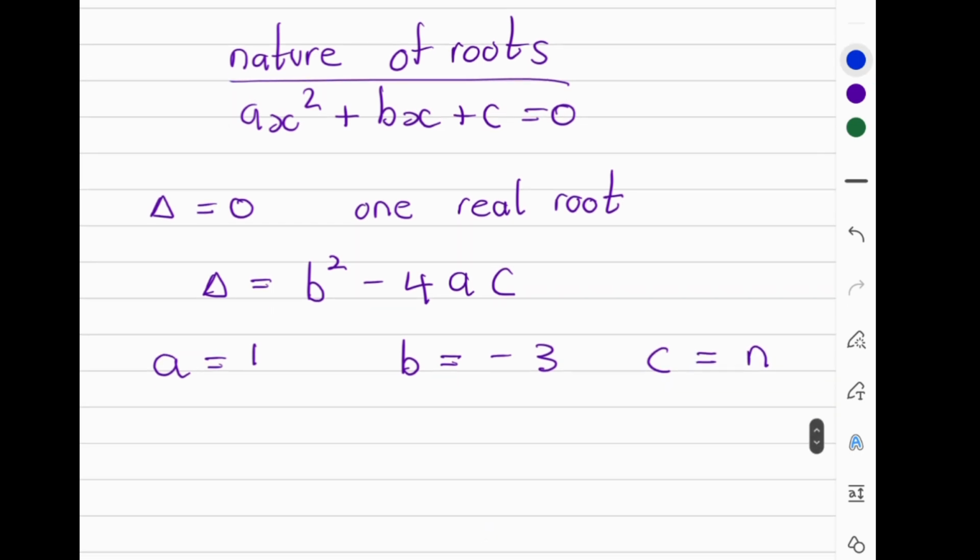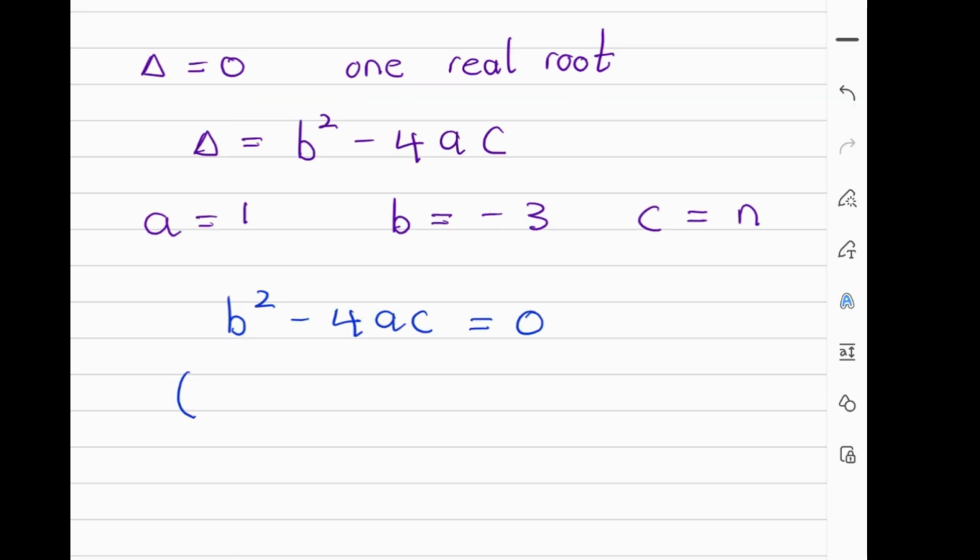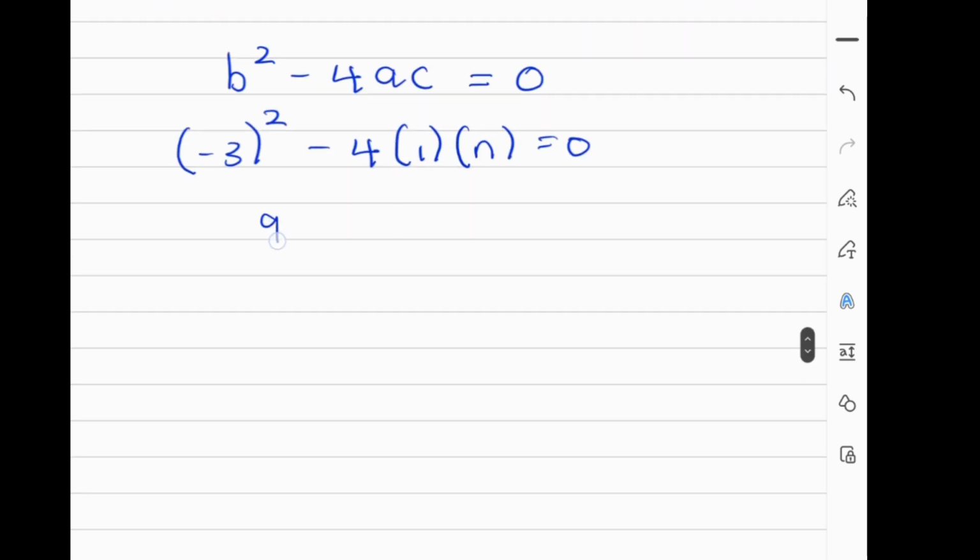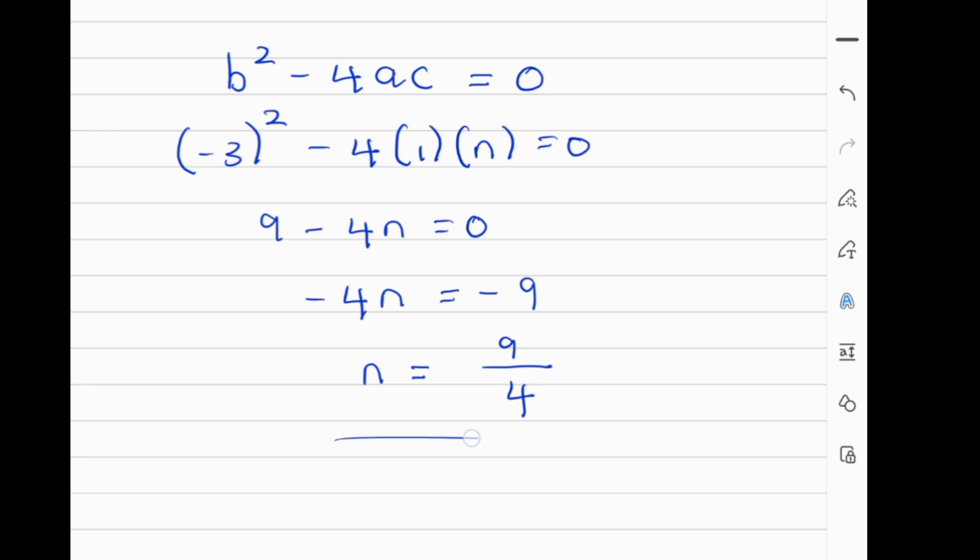So then I can say b squared minus 4ac is equal to 0, with b as -3, a as 1, and c as n. 3 squared is 9, and 4 times 1 times n is 4n, so 9 minus 4n is equal to 0. Then I can just say minus 4n is equal to -9. So n is equal to 9/4.